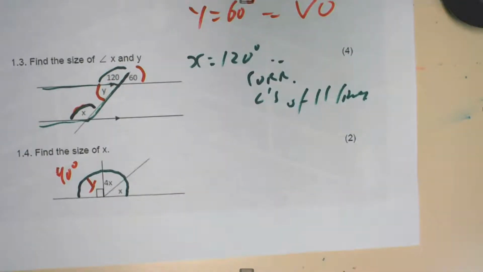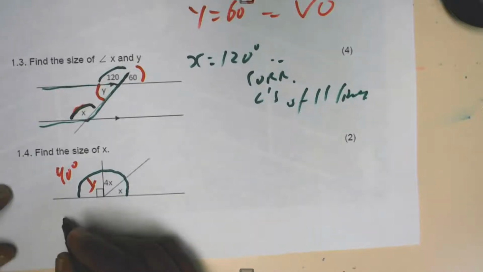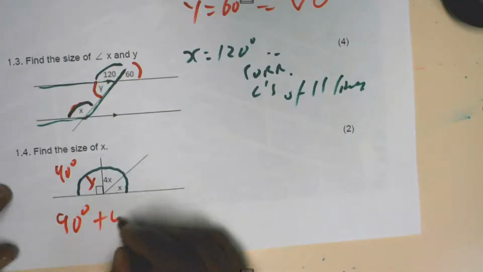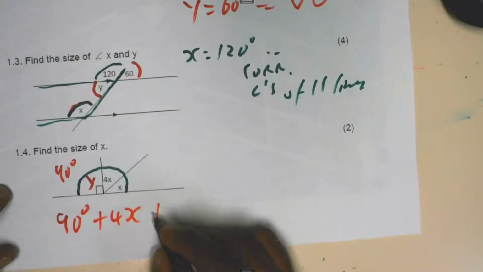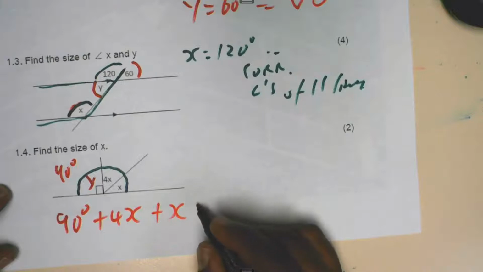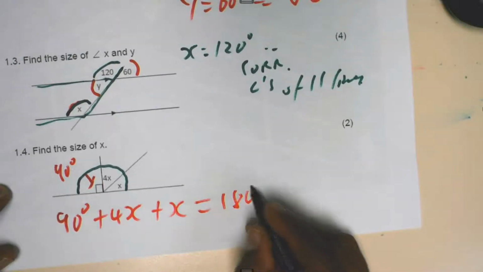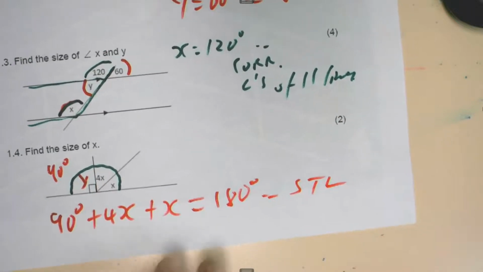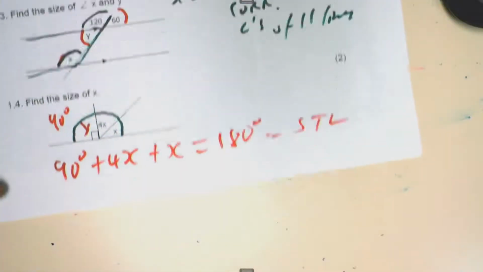And what do you know about a straight line? When you add the angles, they give you 180. 90 degrees plus 4x plus x equals 180 degrees. Why? Angles on a straight line. You must always give a reason. Then you rope in your mathematical skills now.